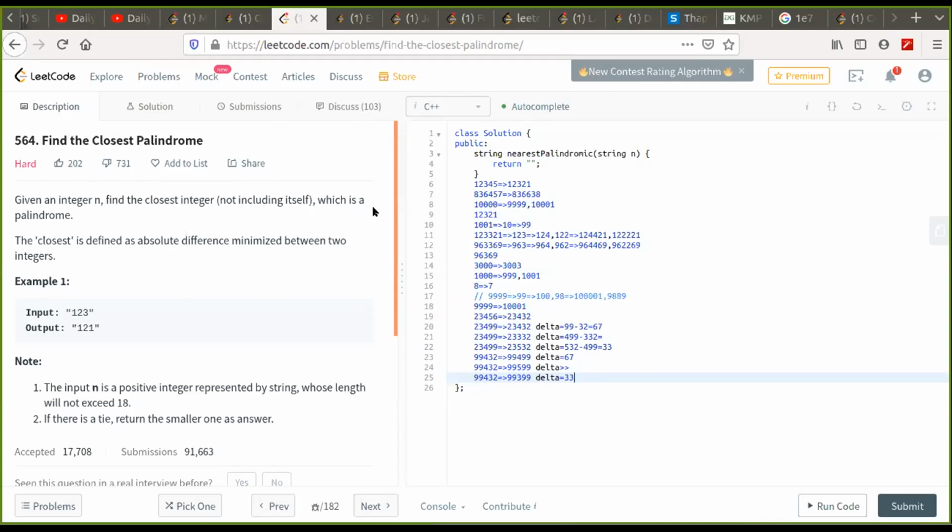And the middle case, where the palindrome will be of the same length, can be handled by this particular approach. Three cases for this middle case, basically. So you have a total of 5 cases. So you will generate 5 candidates for any number, and you will just select whatever is best for you.